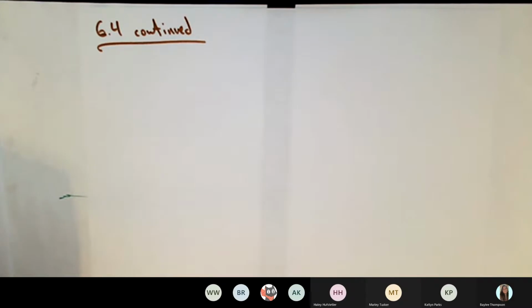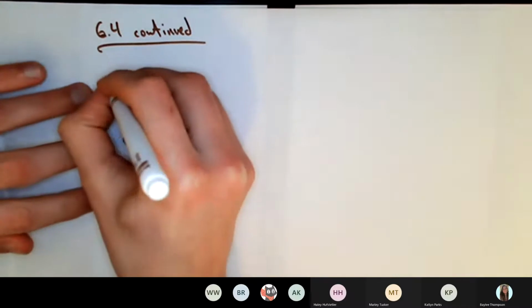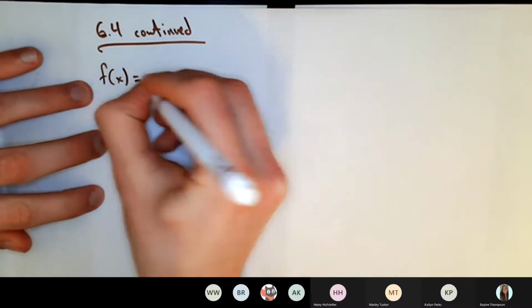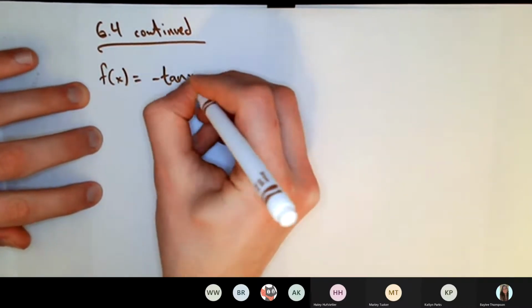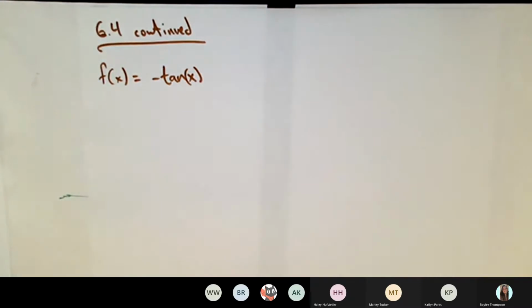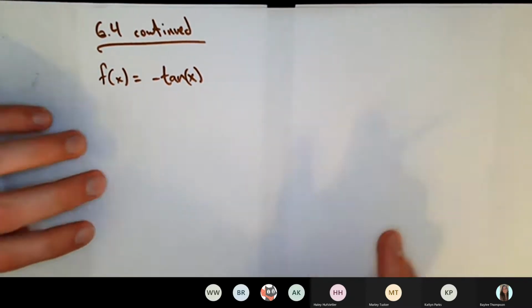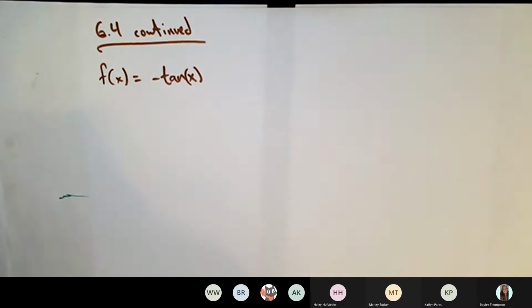And then 34, no, that's not right. 35, nope. Oh, I'm looking at the wrong section. Okay, number 6 and 10. So let me look at number 6, negative tangent of x. So let's say I have a function equal to negative tangent x. What is number 10? Sure. I'll leave number 10 for you. So this is number 6 from the review problems that I gave for this section.